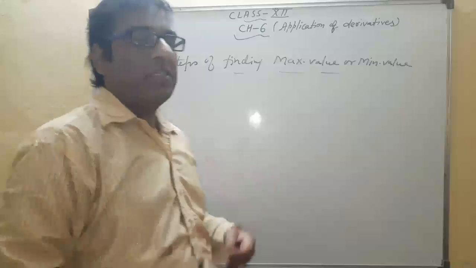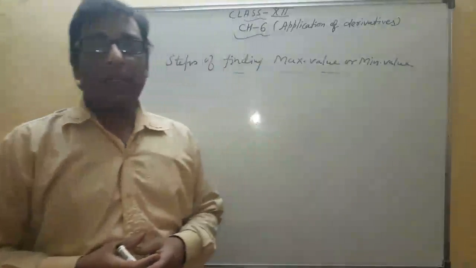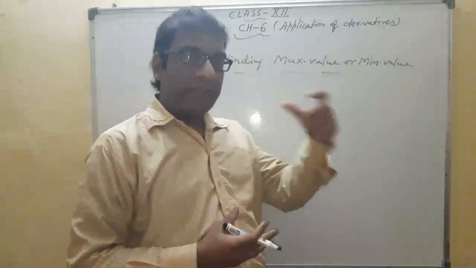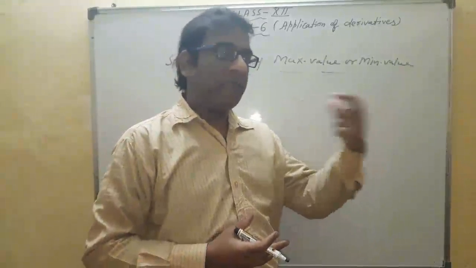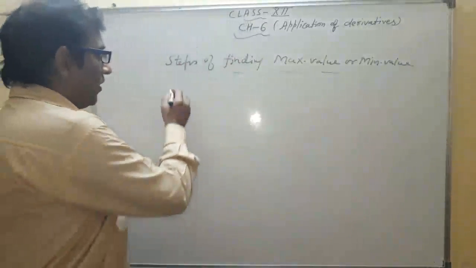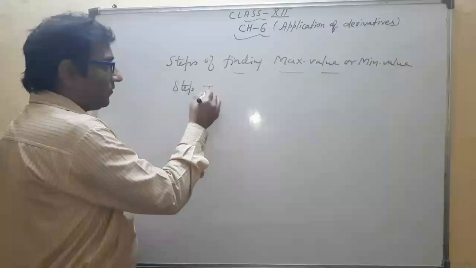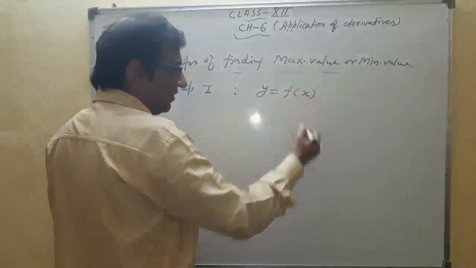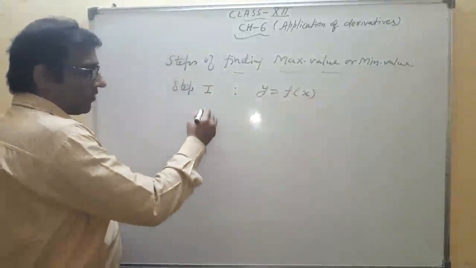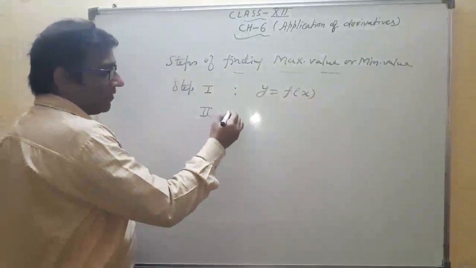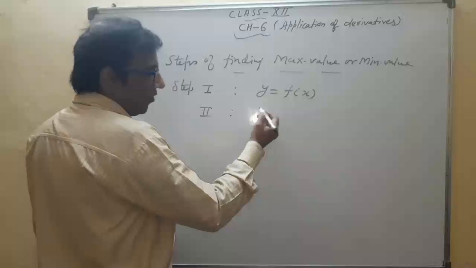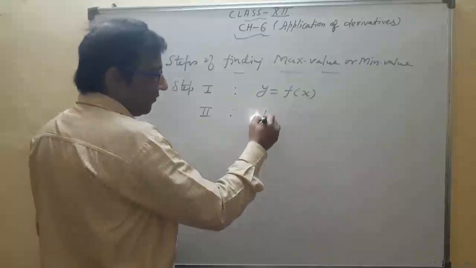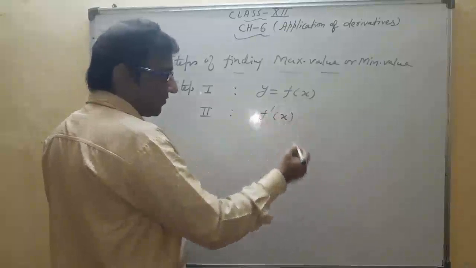When a function is given, how can we identify whether it is maximum or minimum, and what is the maximum and minimum value? So in step number one we will write the function, that is y equals f(x). In the second step we will calculate the differential of that function, that is f dash x.